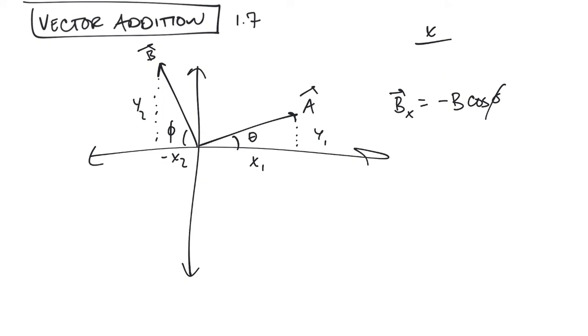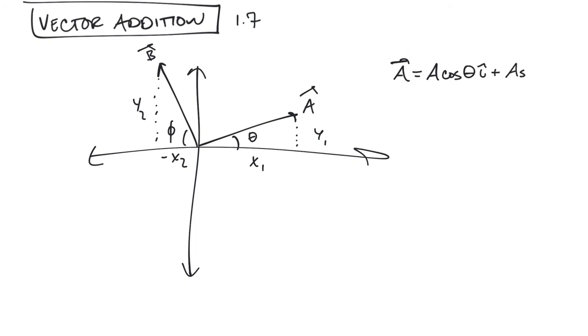Instead, now we have a new way of writing these things. You can say A is equal to the magnitude of A, which you probably know, you just know the length. That's probably what's given, times cosine theta i plus A sine theta j.